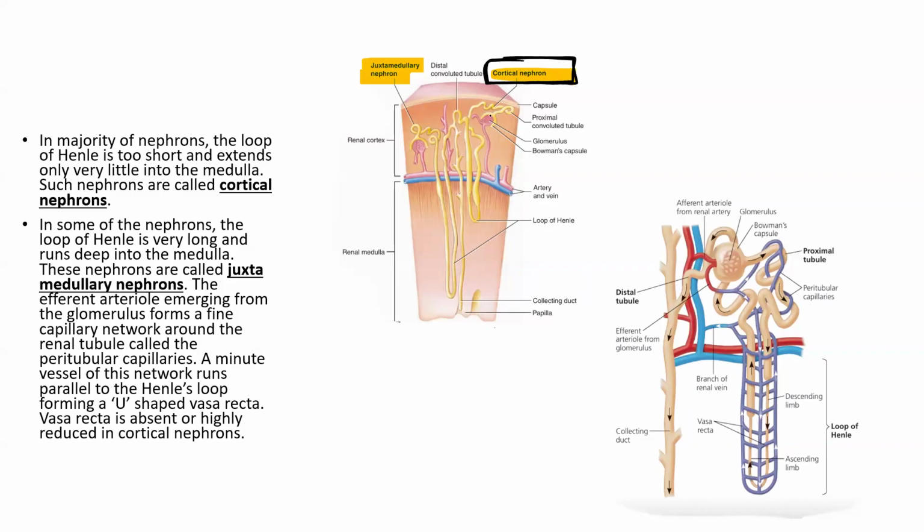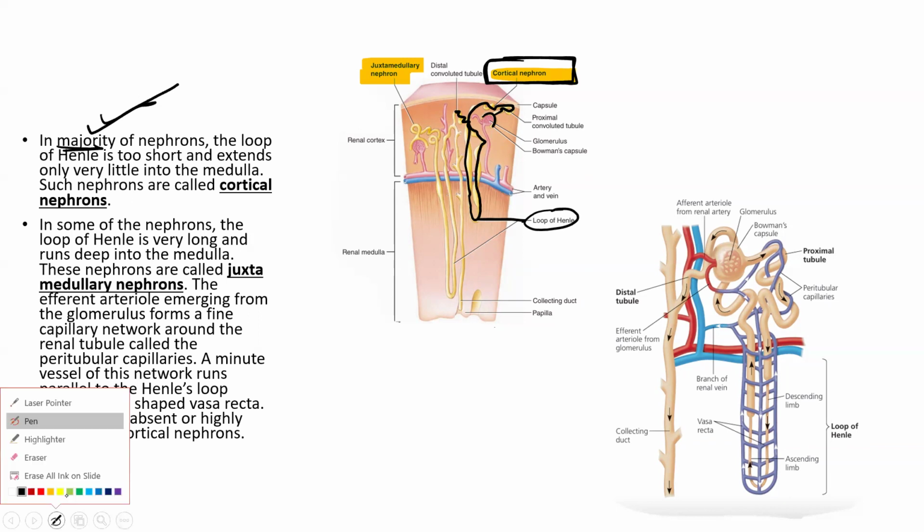See the diagram: this is Bowman's capsule, this is PCT. This is the loop of Henle and this is DCT. So the loop of Henle is very short. But the majority of nephrons are cortical nephrons.